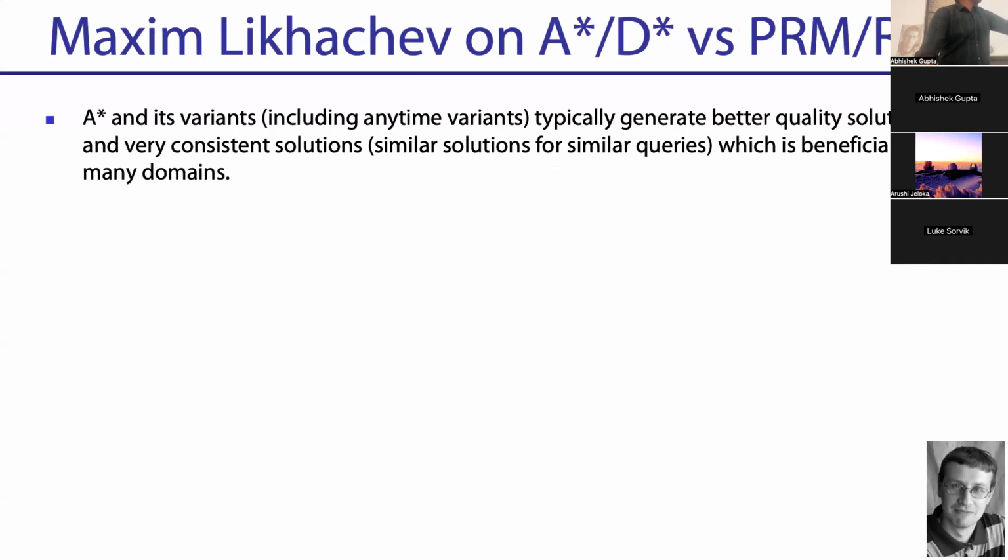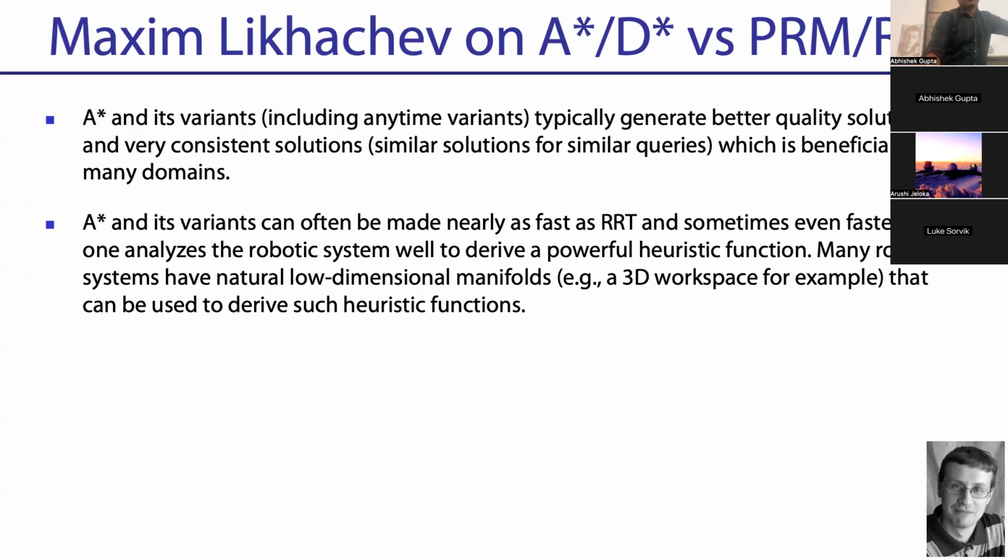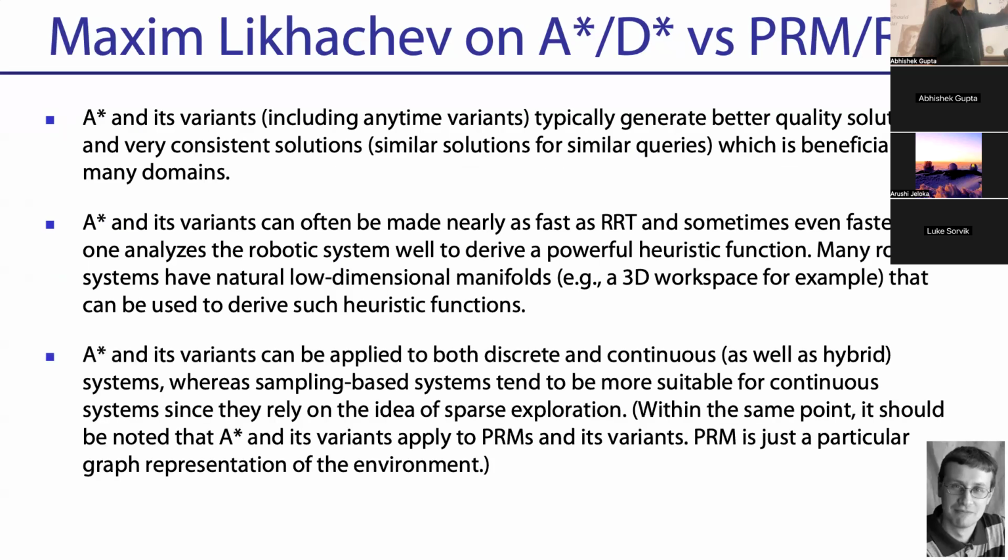The trade-off is that A star often generates more optimal solutions because you're not generating these jagged paths. And if you know a lot about your problem, you can make A star very efficient. You can use lots of GPU parallelization or be compute efficient and give yourselves really fast solutions, but it has to be kind of domain specific. And A star can be applied naturally to both discrete and continuous problems, whereas sampling-based RRT is inherently a continuous space algorithm.